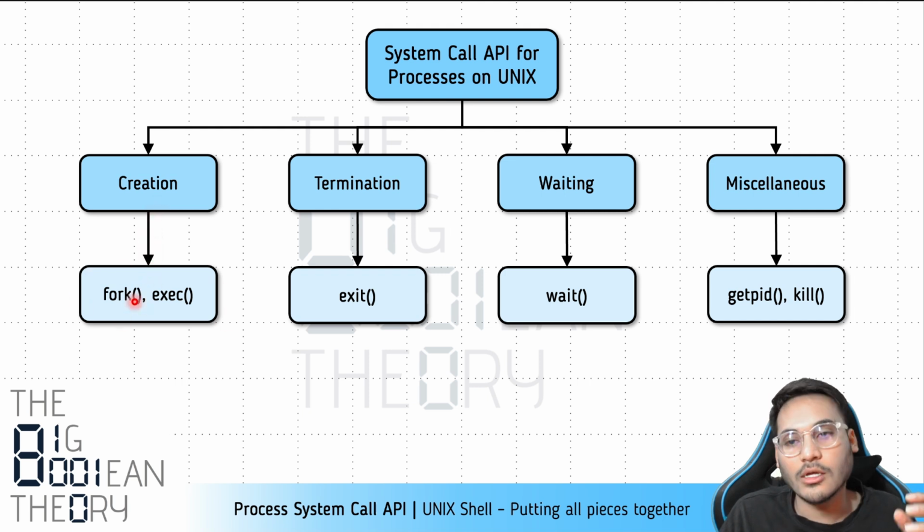These are counterparts of each other, and you have to use them together to get the best out of the interface, right? Then we have process termination, which has a simple system call of exit, and there is a slightly complex system call, that is the wait system call. The interface is simple, but the overall flow has to be understood properly, right? So these are the four major system calls that we would be talking about, like how they are used to construct the Unix shell, right?